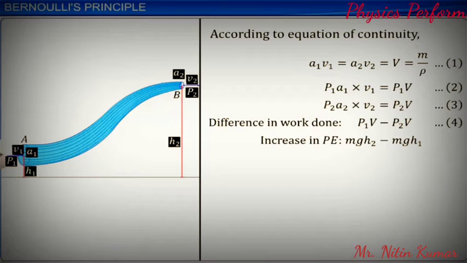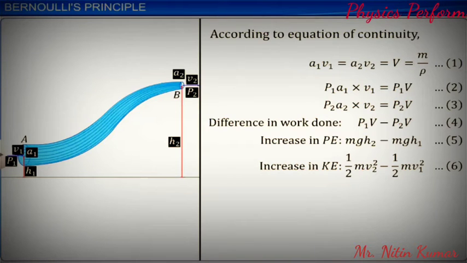Let this be equation 5. The increase in kinetic energy per second from A to B is expressed as half mv2 square minus half mv1 square. Let this be equation 6.